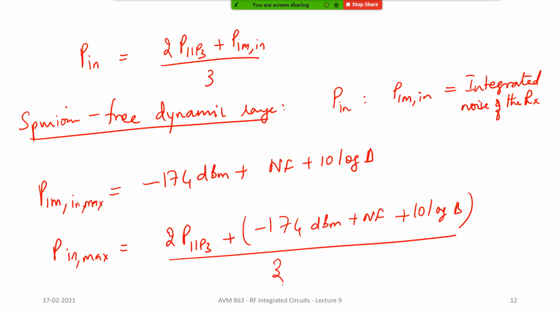So this is another definition for the maximum input power, and that is how you define spurious free dynamic range. This is the P in max. Of course, P in min is nothing but your P sensitivity. So SFDR, the spurious free dynamic range, is given by P in max minus P sensitivity, both of which we have now derived.